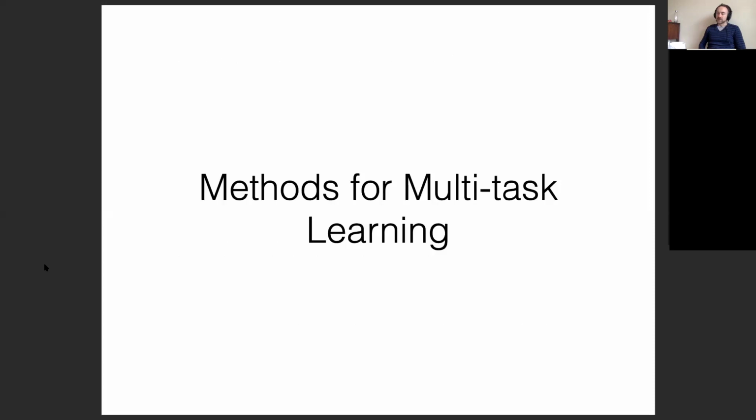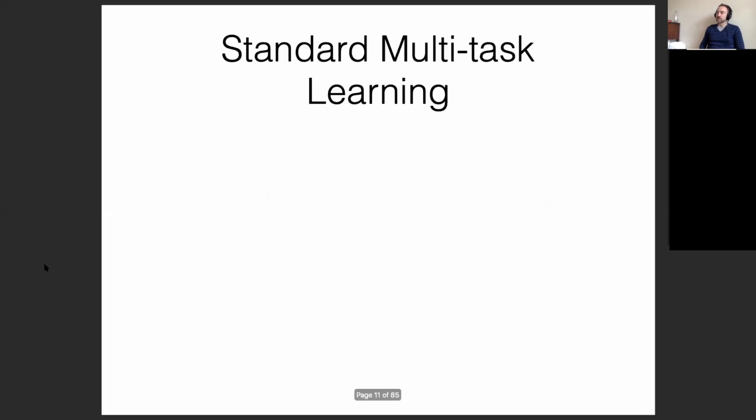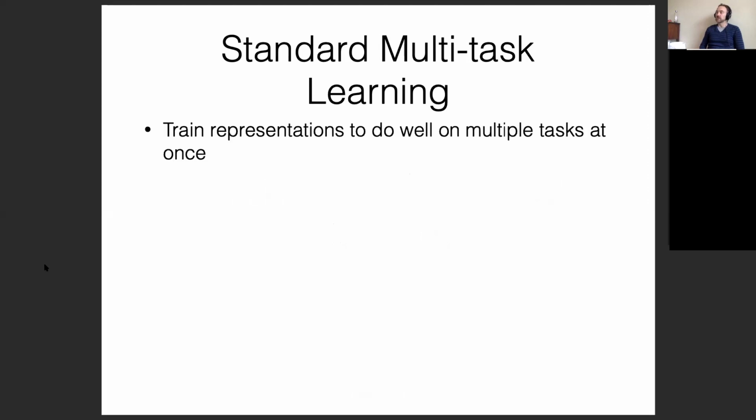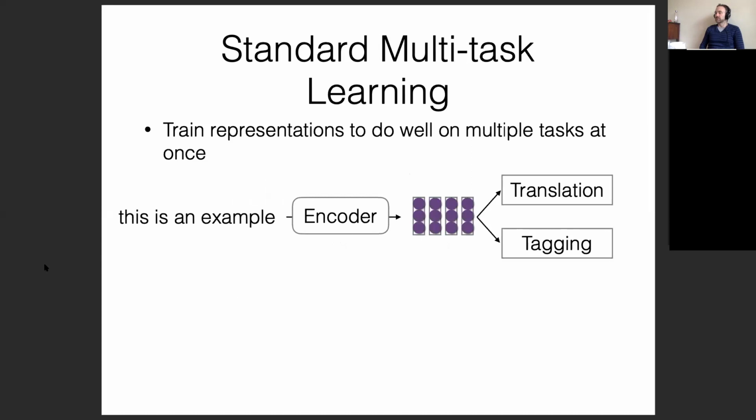So to go into methods for multitask learning, standard multitask learning is basically training representations to do well on multiple tasks at once. For example, we could run a sentence through an encoder and get these kind of general purpose representations.